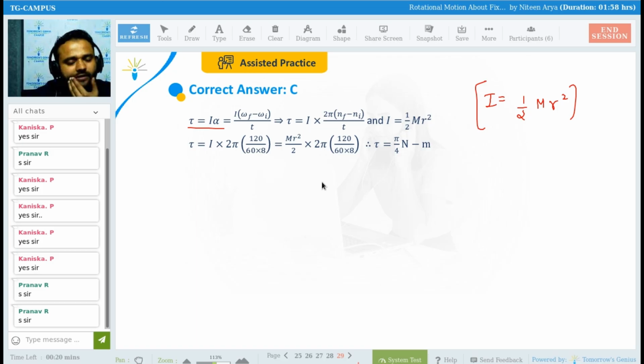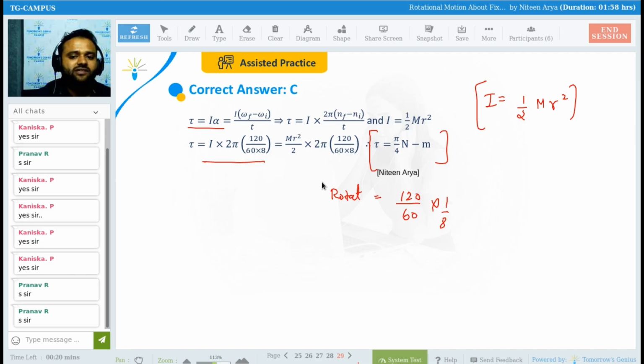Okay, now 2 pi omega final, which is 120 upon 60 into 8. Because rotation is given per minute, first of all we need to find it per second and then divide with the time, which is 8. Got it? So you need to solve this and automatically you can get the answer in pi form, which is C. Clear everyone?